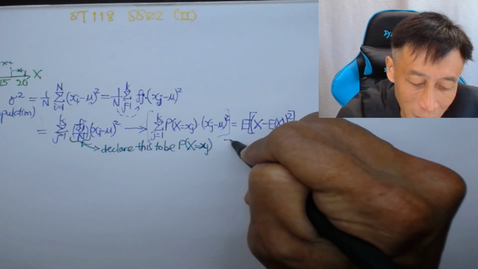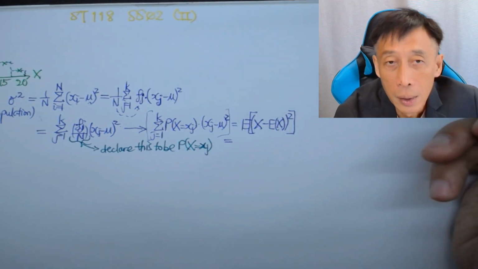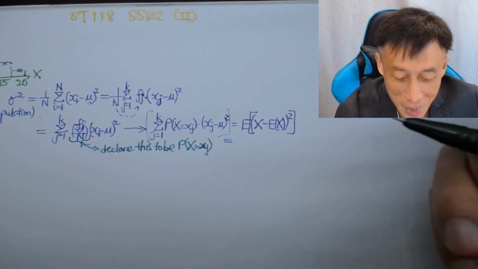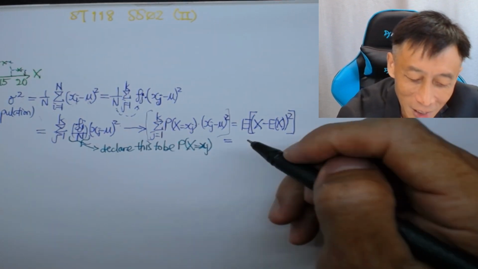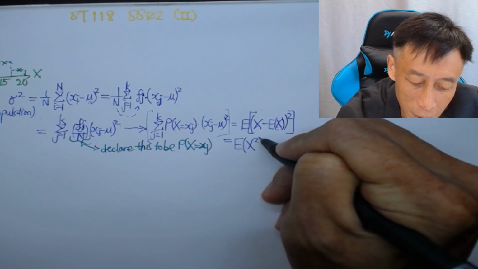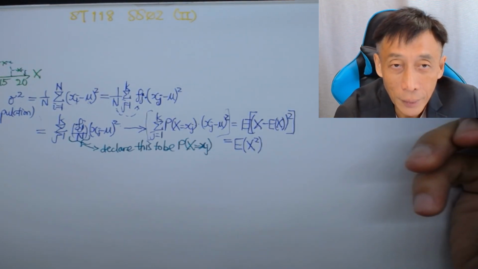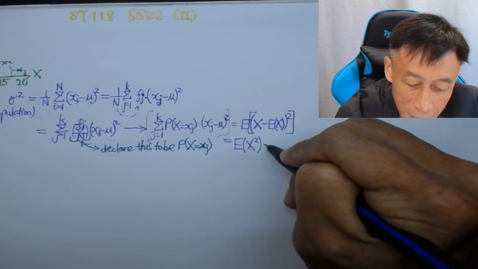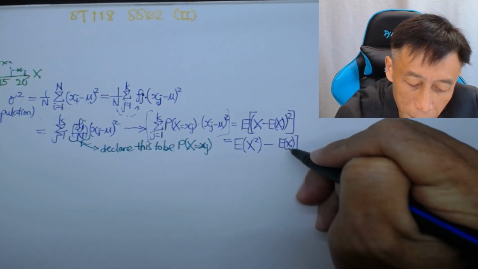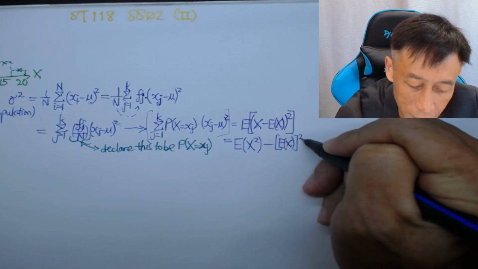And there is also a saying about the mean, because expected value is the mean, roughly speaking. So we can say the mean of the squares minus the square of the mean is the variance.